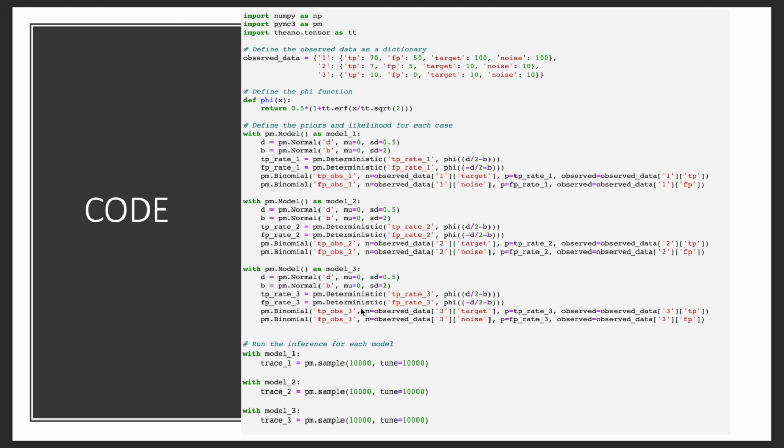The binomial distribution is suitable for this likelihood model in this scenario, as it models the probability of the observed data by considering the number of true positives and false positives in a fixed number of trials. So this is how we have modeled three different cases.